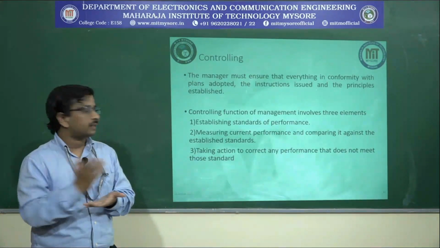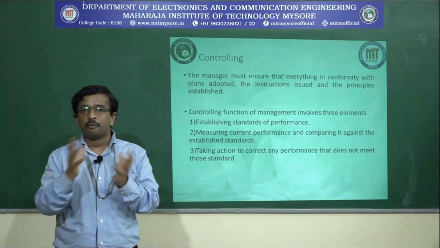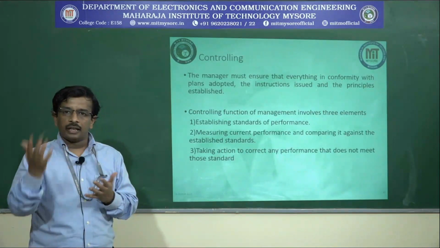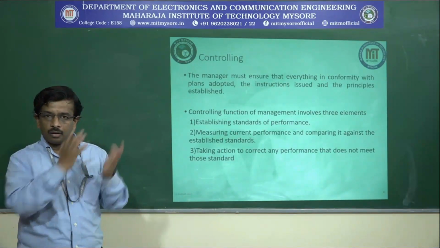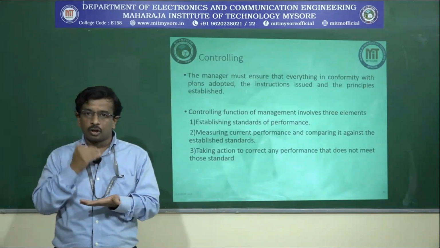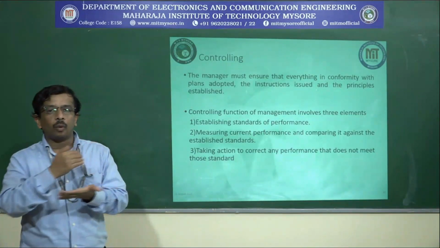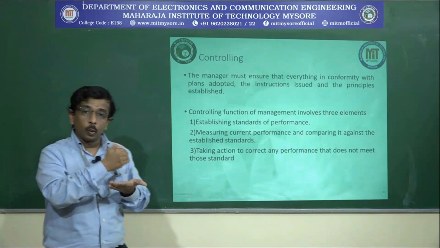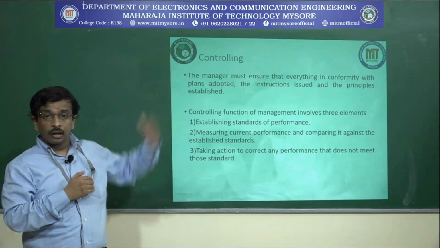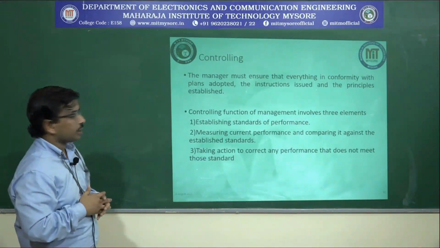Analogously, the same thing has to be done with the performance of people. They need to be measured against a standard set of works, to see whether it is accomplished or not, and then what is to be added and what is to be subtracted in their work nature has to be ascertained. That is part of the controlling function of management.